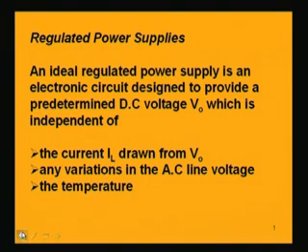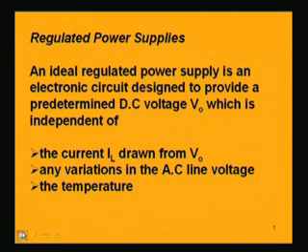This type of circuit, used in regulated power supplies, is an electronic circuit designed to provide a predetermined DC voltage. This DC voltage is independent of the current drawn by the load, and also independent of any variations in the AC line voltage and any change in temperature.